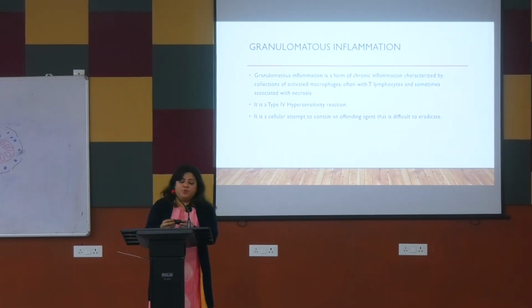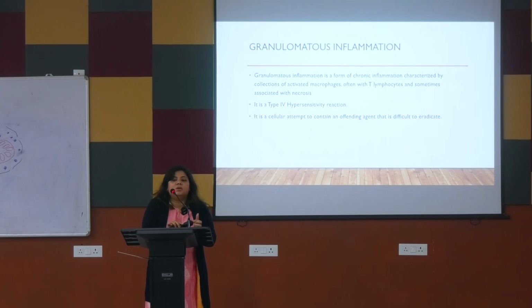Now, do any of you know how many types of granulomatous inflammation there are? Does anyone know? Yes, do you know the types of giant cells? Yes, foreign body giant cells.